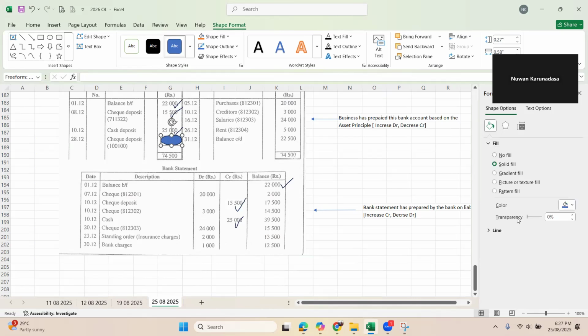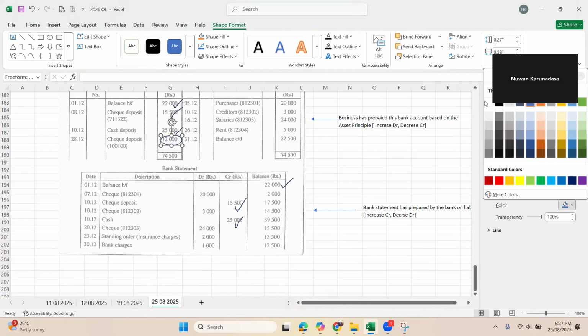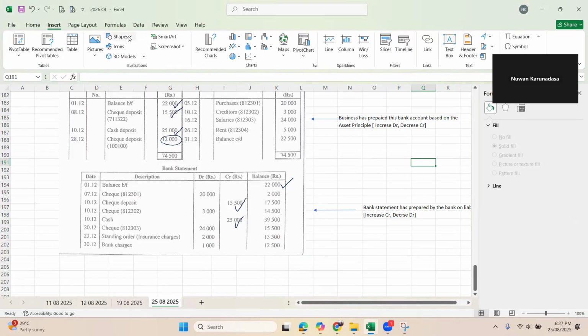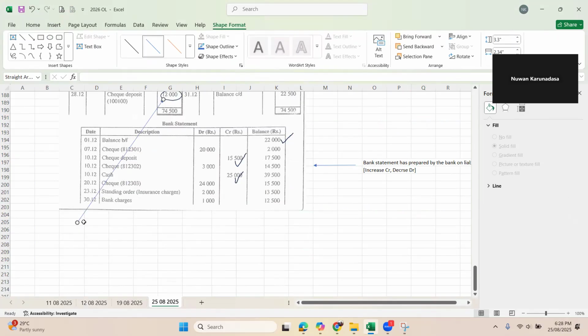We have made a deposit of 12,000 but it is not appearing in the statement. We deposited but it's not appearing, meaning deposited but not realized.